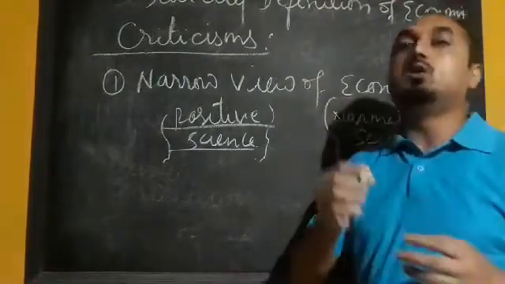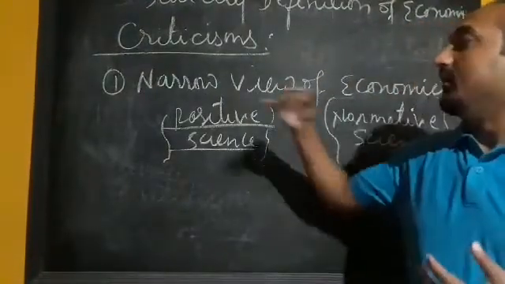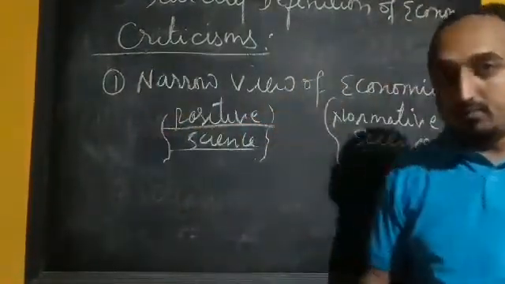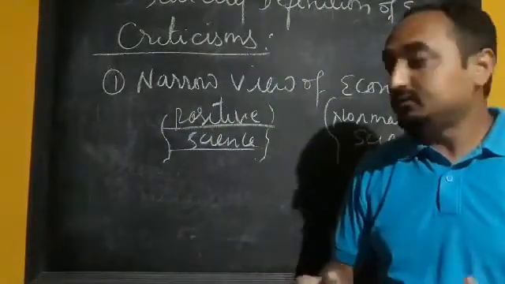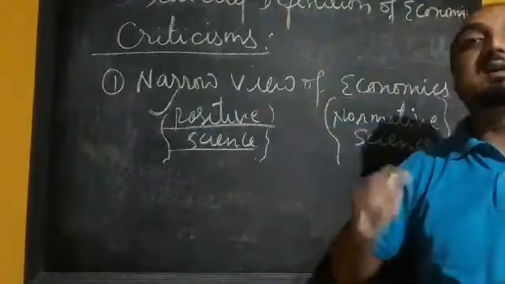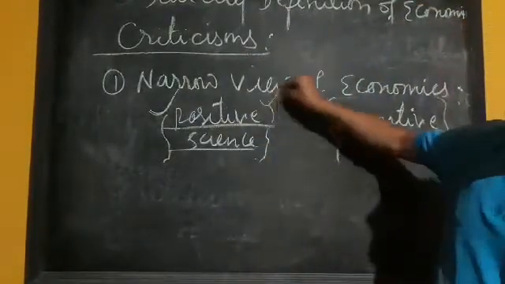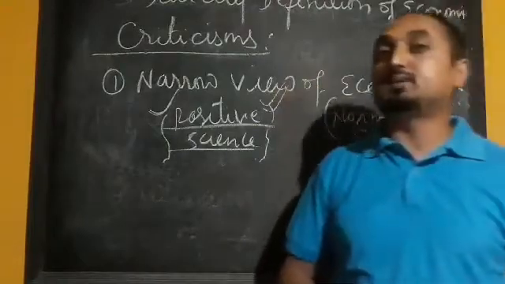So according to the critics, whatever definition of economics is given by Professor Robbins is considered from the view of positive science. So what is positive science?